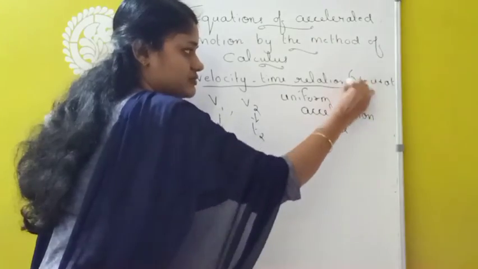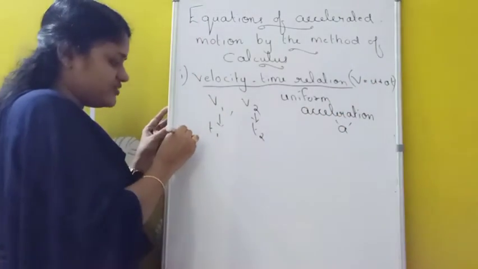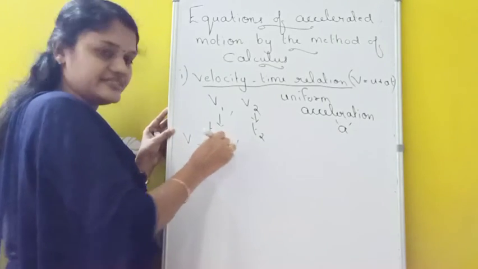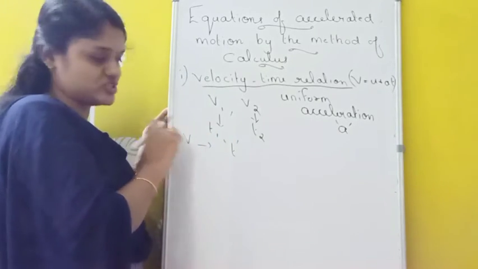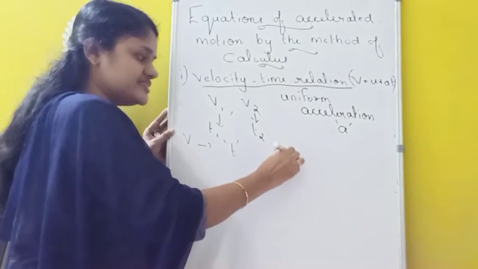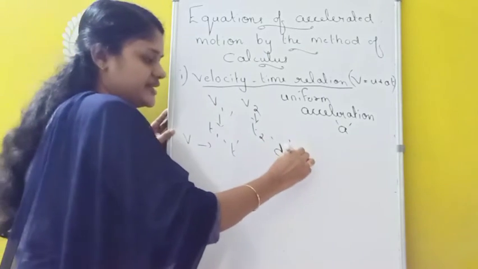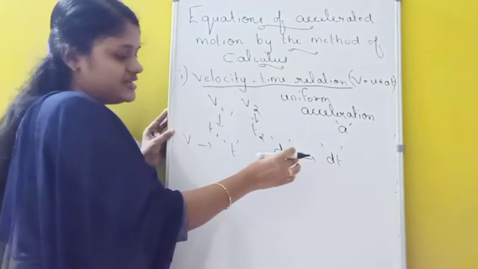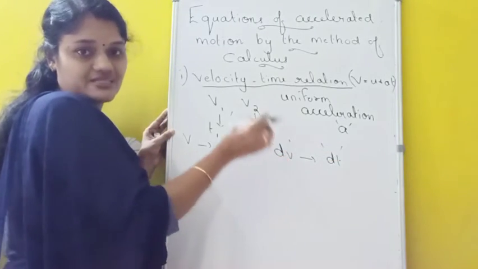Okay, and let us take v as the velocity of the object at any time t, and dv as the change in velocity in a time interval dt. This d actually represents the change.